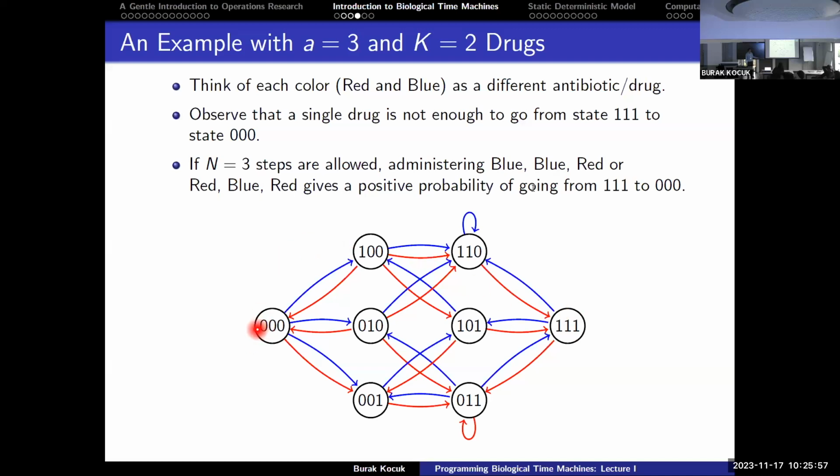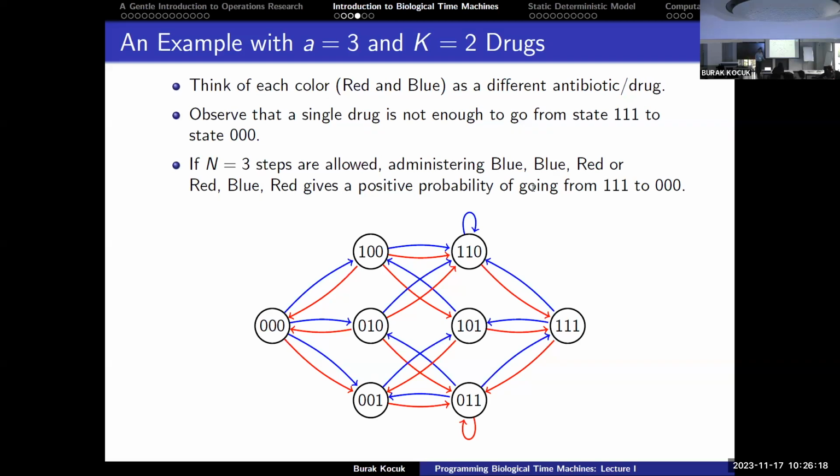There is no way, because from 000 there is no entering blue arc. And for the red one, again, you cannot go to 000.